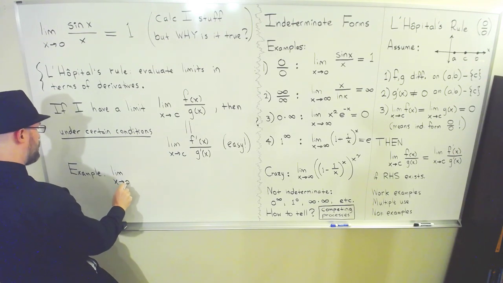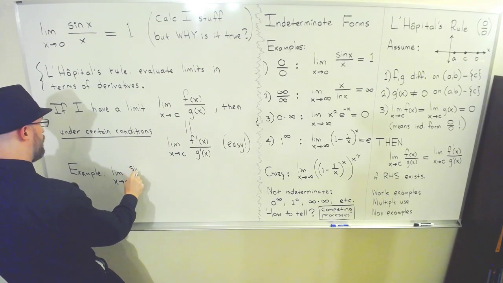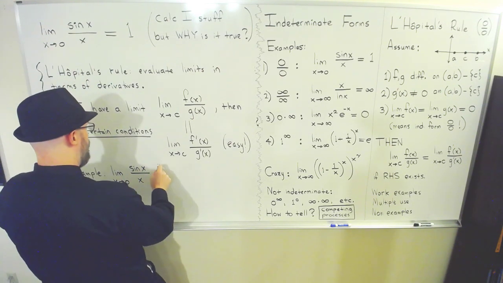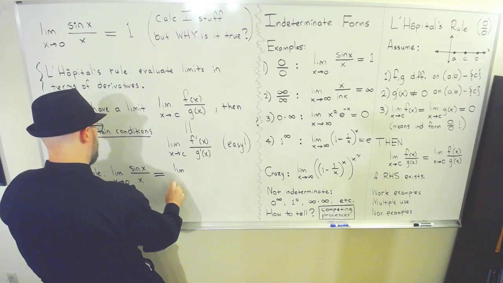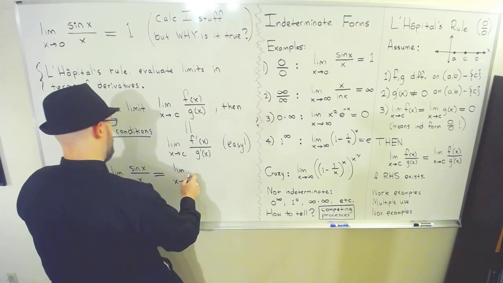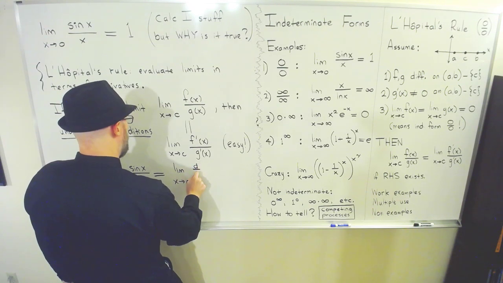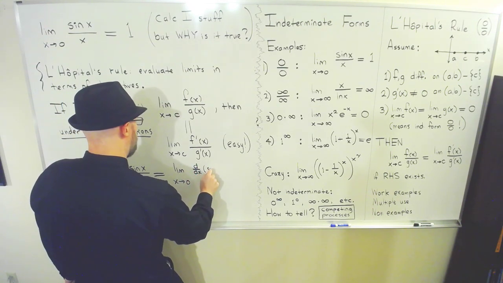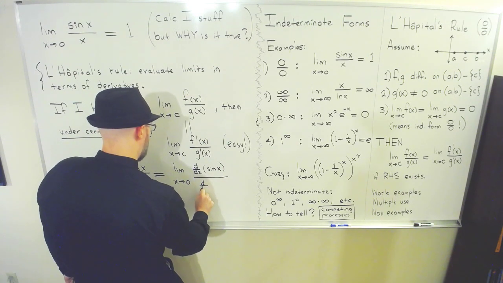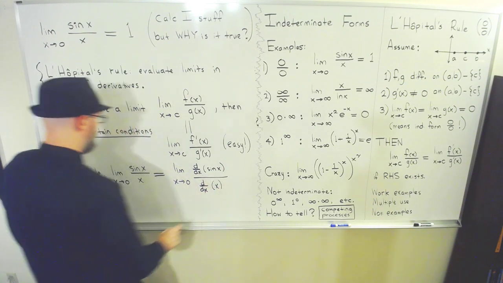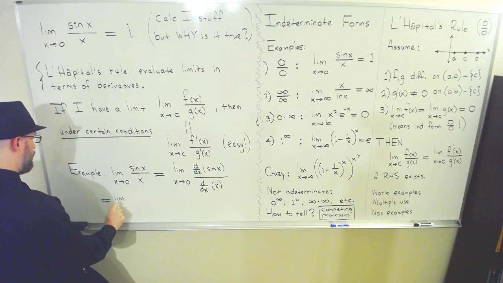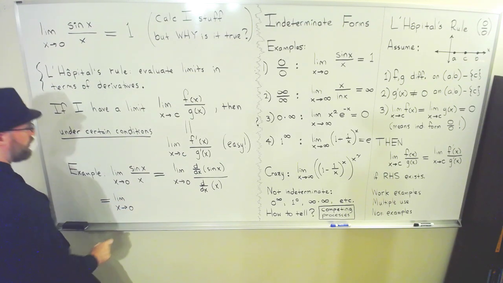Limit as x goes to 0 of sine x over x is going to be equal to, so I can take the derivatives in this case because that satisfies those hypotheses. So I'm going to write d dx of sine x over d dx of just x. And so this is limit as x goes to 0.